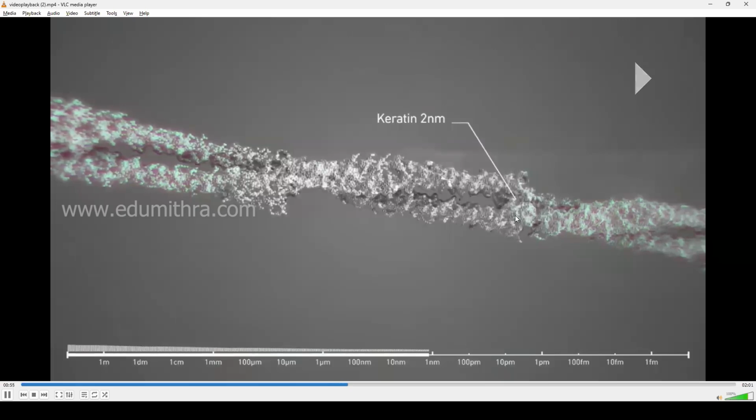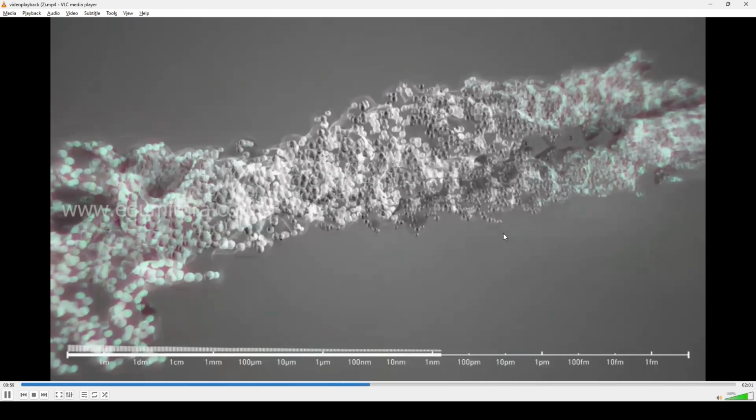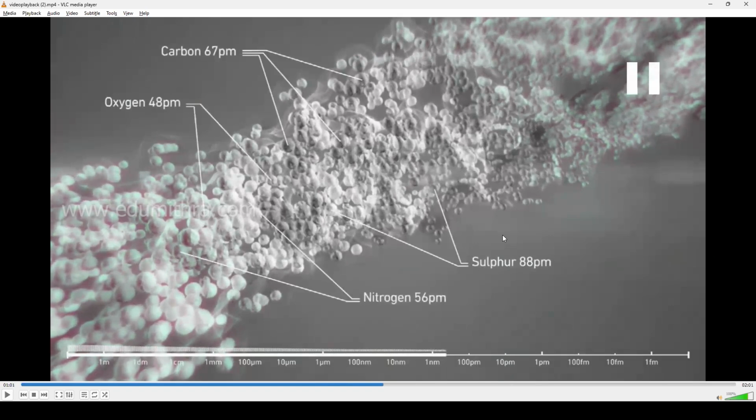Okay, so this is keratin, and if you zoom into the keratin, that keratin is actually made of different atoms. Keratin is a molecule, and it is made of, you can see, oxygen. Some of these balls are oxygen, some are carbon, nitrogen and sulfur.